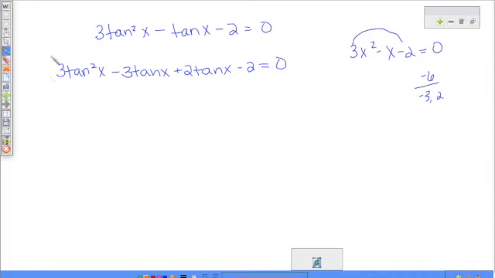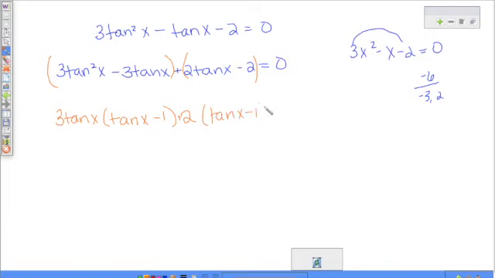And then we do grouping. In the first group, I can take out 3 tan x, and I'm left with tan x minus 1. And in the next group, I can take out a 2, and I'm left with tan x minus 1.